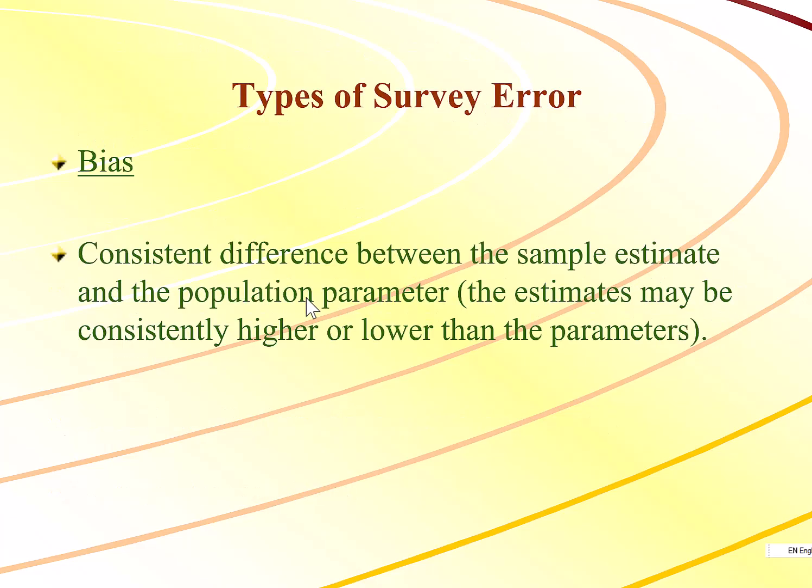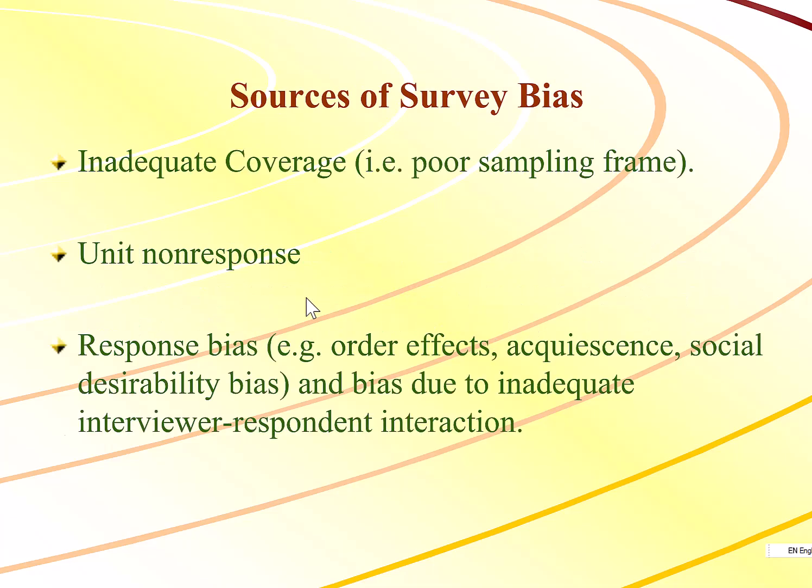So bias is a consistent difference between the sample and the population parameters. This means that if you repeat the survey with another sample, you get a difference in the same direction. Inadequate coverage is a source of bias because this means that some part of the population is systematically not being surveyed.